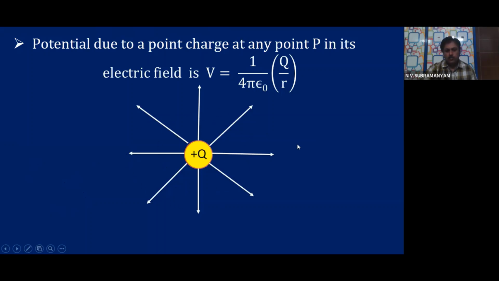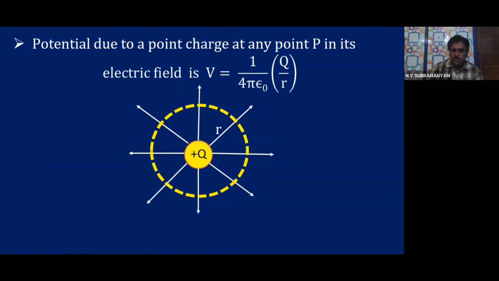Can you tell me what is the distance r for all the points on the sphere? Let's see. These are the different points, I am marking them like this. Are all the points the same distance from the center or different distances? All are the same distance. On the sphere, I have a number of points which are at the same distance from the center.